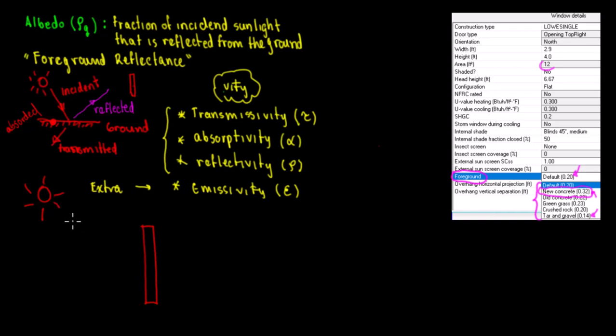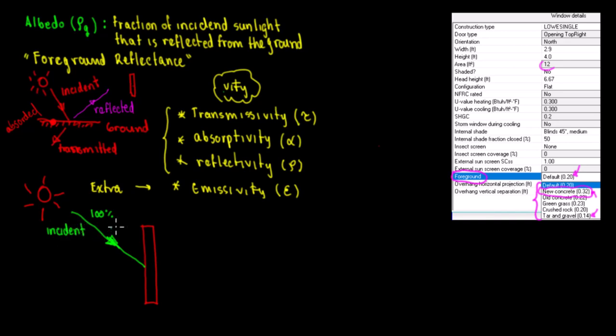We're always going to come to this, let's put it in a different color. Let's put it in green right here. So this is 100% of the energy, the incident radiation.